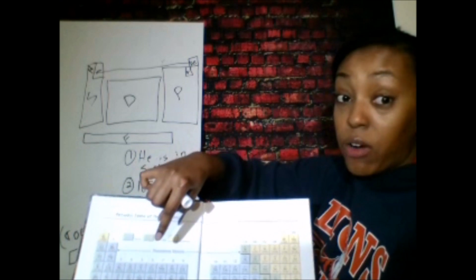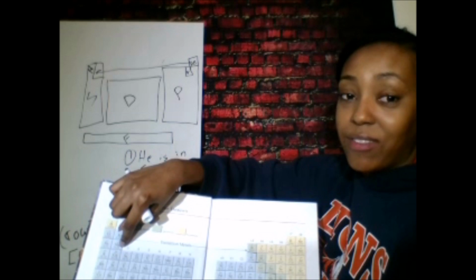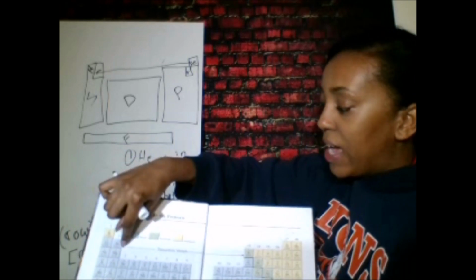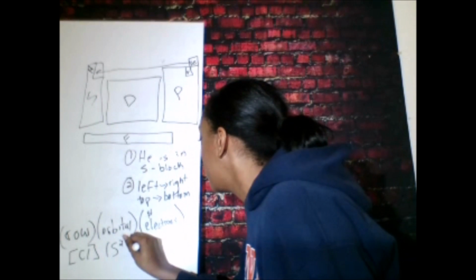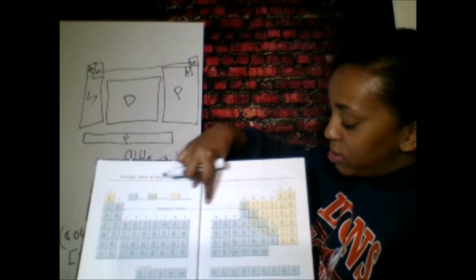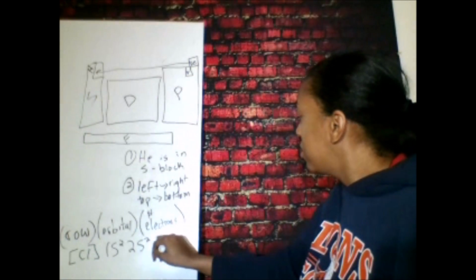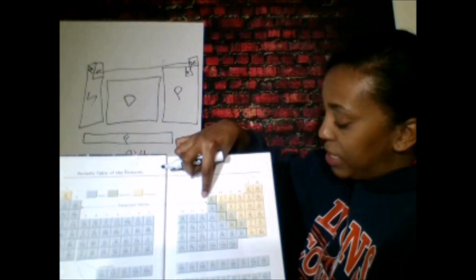Every time you have to lift your finger up, you need to say how many electrons you put inside that orbital. So okay, 2s2. So that's here. Now we go straight across. 2, because we're still in the second row, but now we're in the P block. 2p.